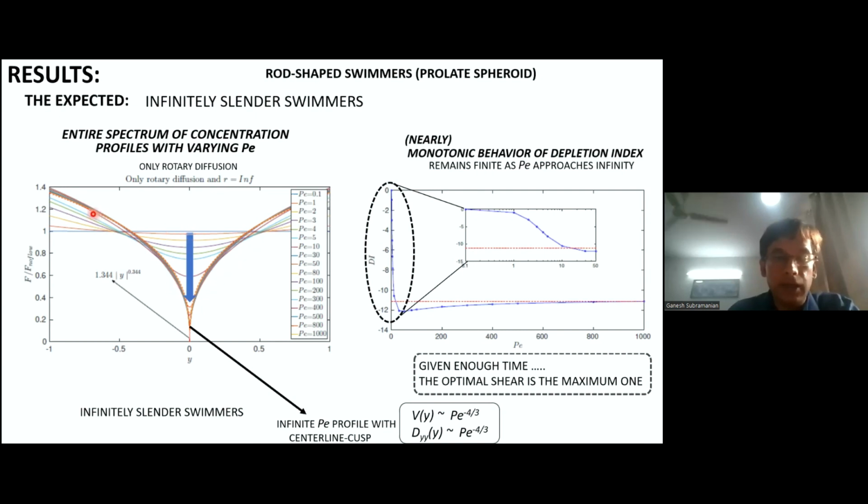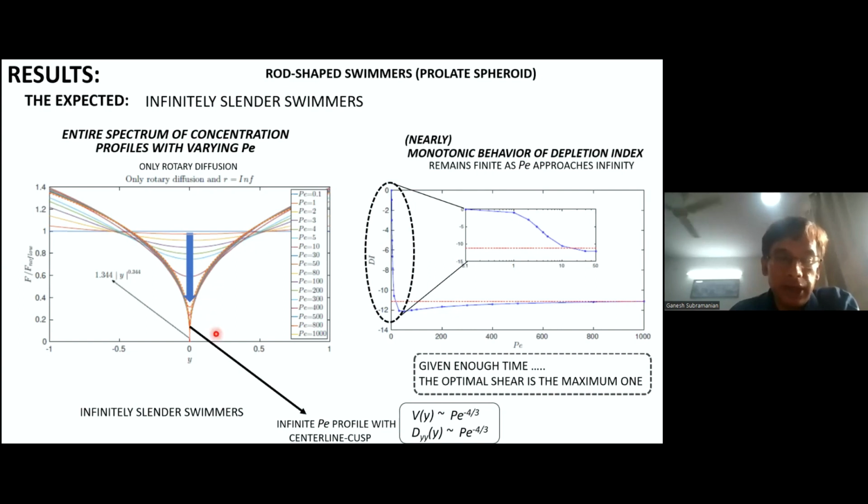Asymptotically, as Peclet goes to infinity, you observe that there is a Peclet independent profile with a cusp at the center line. That's denoted by that orange dashed line here. Now that cusp is not really a cusp, it's an artifact of our analysis. Remember that the analysis is not valid on scales of the swimmer mean free path.